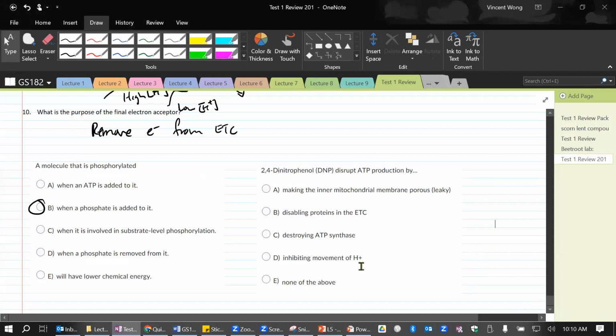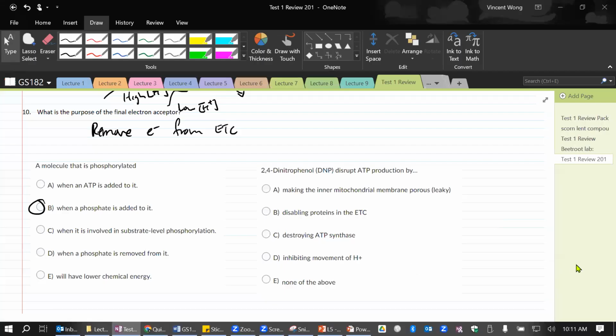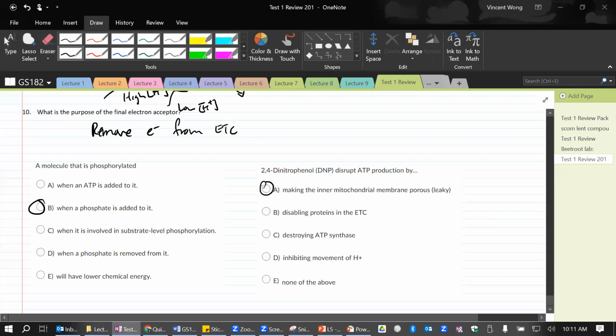Oh, so many people chose D. But look at the picture. Instead of flowing through the ATPase, DMP makes the membrane leaky, right? So they just fall right back in without going through the ATPase, right? So the answer is A. Okay?